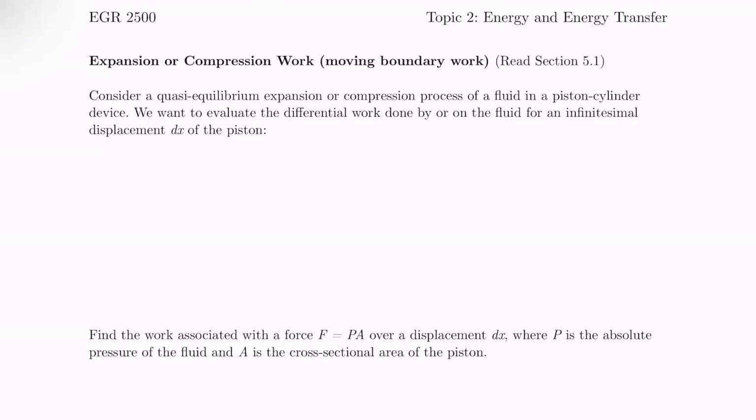All right. So like we move a little bit and it gets equilibrium, and we move a little bit and it gets equilibrium. Okay, so we want to evaluate the differential work done by or on the fluid for an infinitesimal displacement dx of the piston.